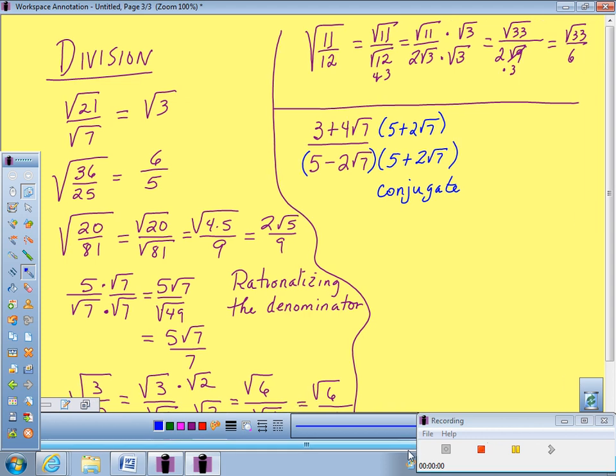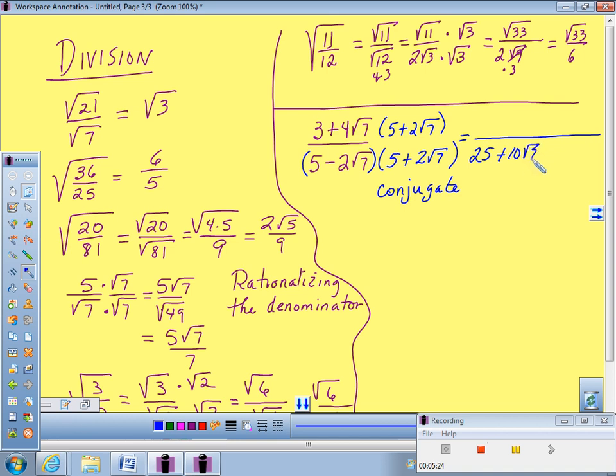It's going to be jolly good fun here. So, if we want to do that, here's the amazing part. I'm going to do the denominator first because it's just absolutely fantastic what happens when you FOIL two conjugates together. Okay, so we're going to take first times each other, which means 5 times 5 is 25. Outers, I'm going to take 5 times 2 and get 10 times the square root of 7.